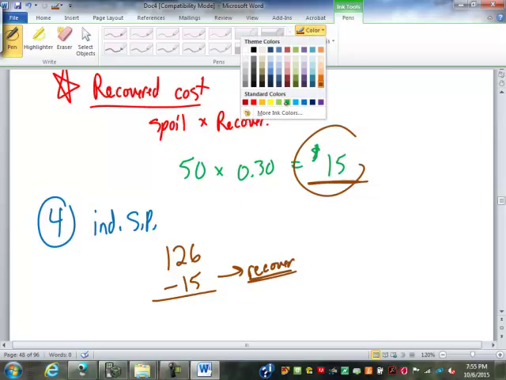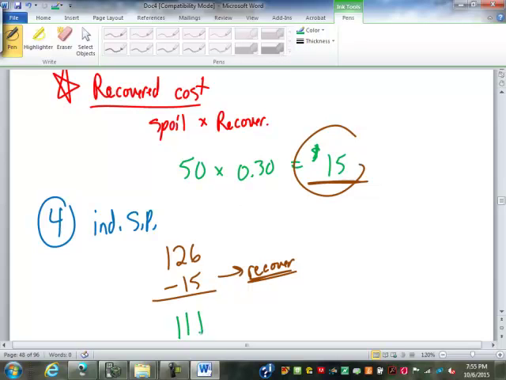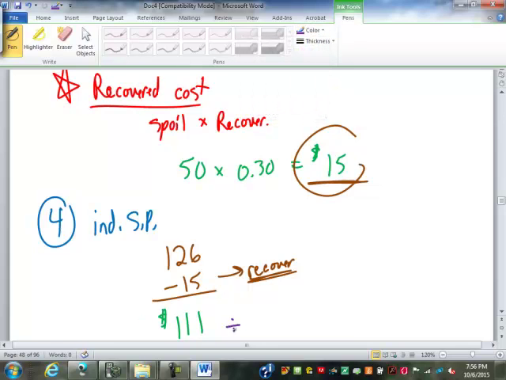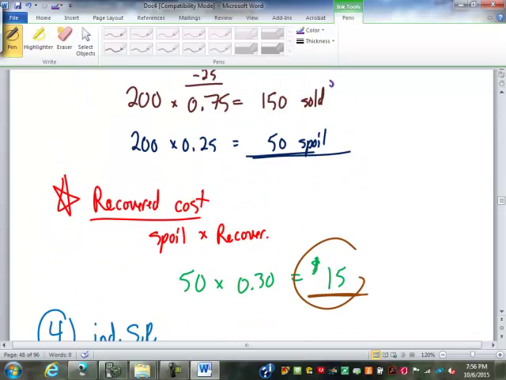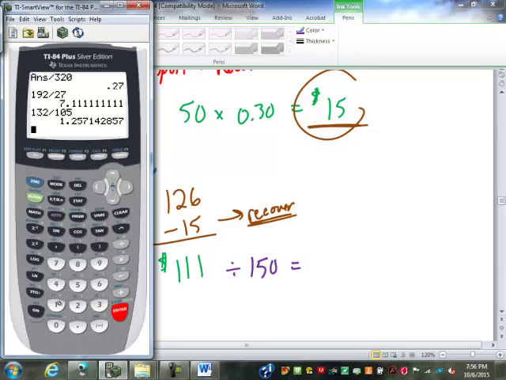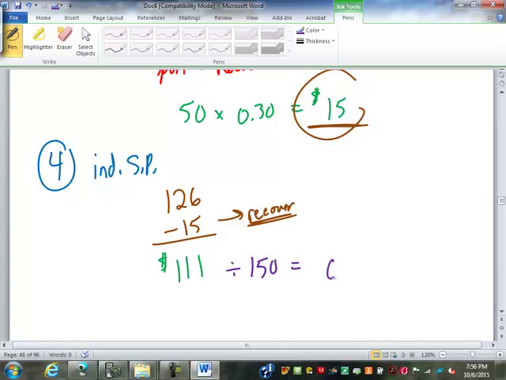So we only need to get $111 out of the ones that we sell fresh. So that $111 is going to be divided by, we sold 150 of them fresh. So divided by 150. $0.74.